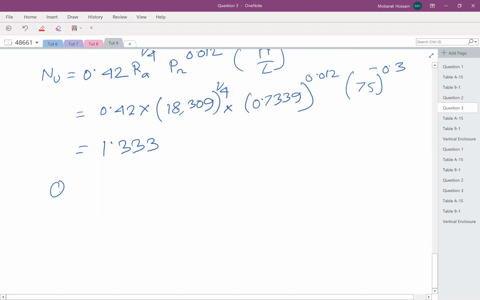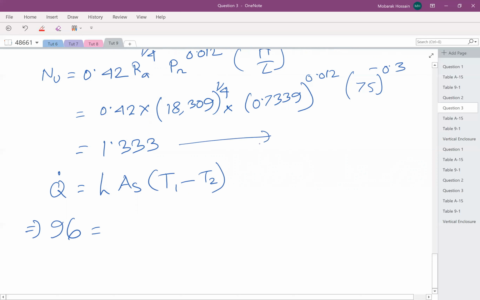So we can use here Q equals h times the surface area times the temperature difference between the inner surface and outer surface, which will be equal to this one. So here we will calculate this one, it is 96, and h we didn't calculate yet, but we can calculate h from here: thermal conductivity, then characteristic length, then Nusselt number.